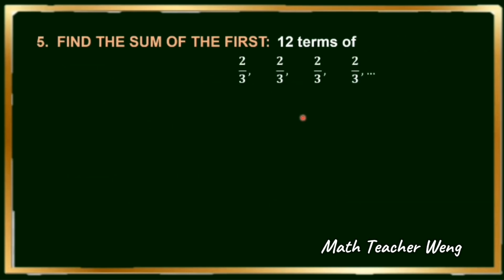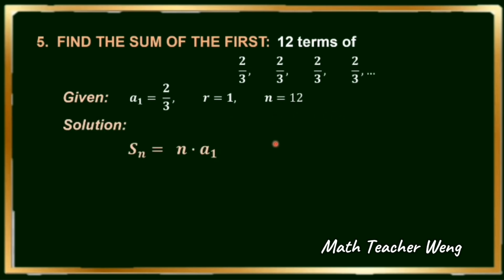Next example. Find the sum of the first 12 terms of 2/3, 2/3, 2/3, 2/3. Now in this case, a sub 1 equals 2/3, r is equal to 1, n is equal to 12. So obviously, the formula used in number 1 and number 2 cannot be used here because r is equal to 1. So we can say that the sum, S sub n, is equal to n times a sub 1. Why?